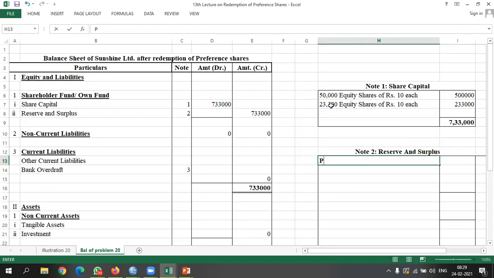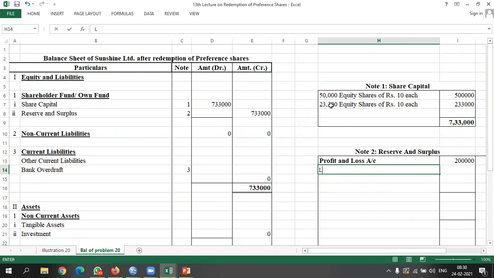First of all, write down about profit and loss account. We were having opening balance of 2 lakh rupees. Now what we did, let's see.